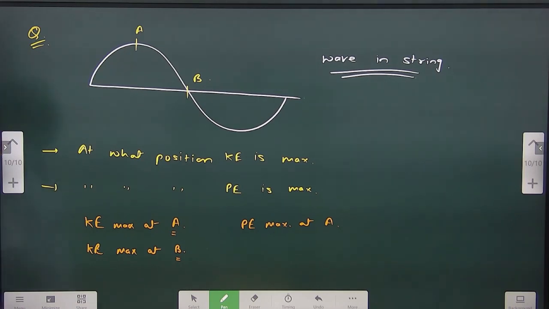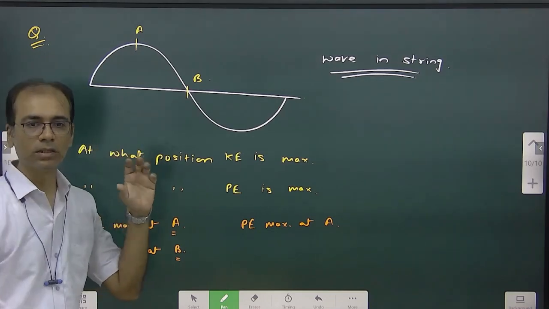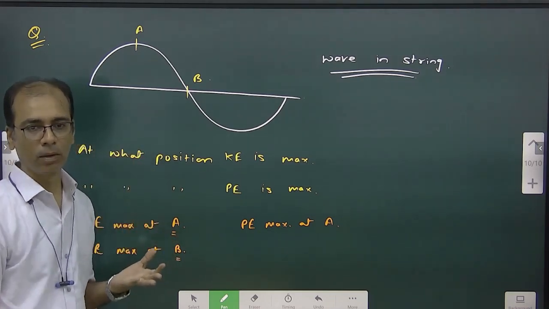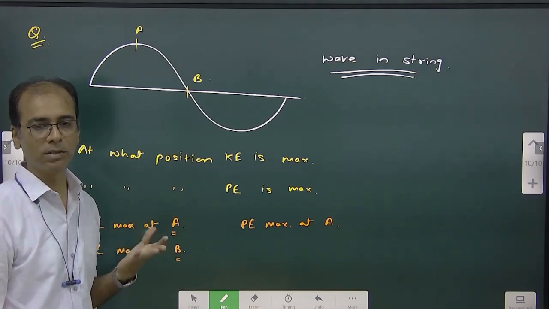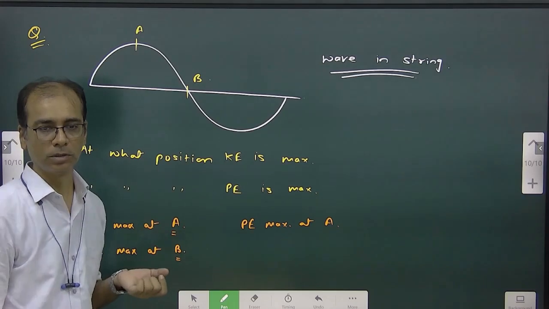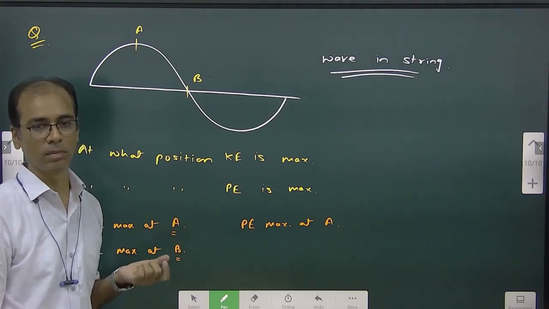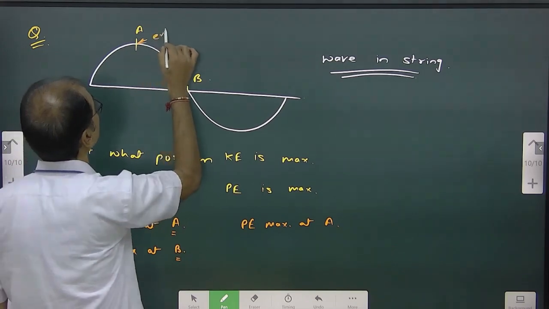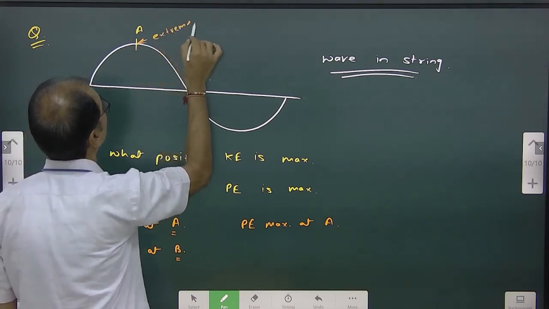Okay. So kinetic energy is associated with the particle. Particle is doing SHM. And maximum speed a particle is having is at mean position and not at extreme. A is extreme. Here speed of particle is 0.